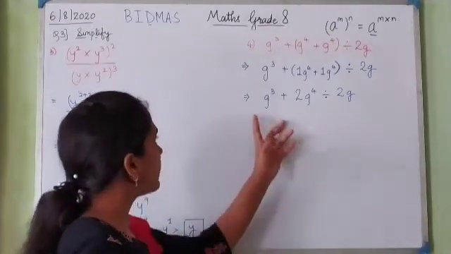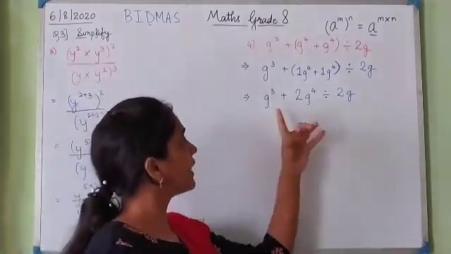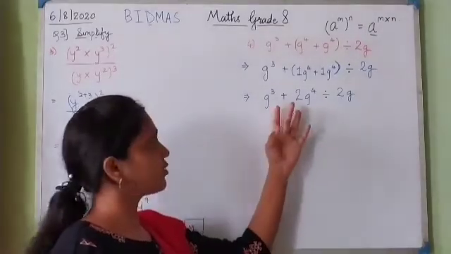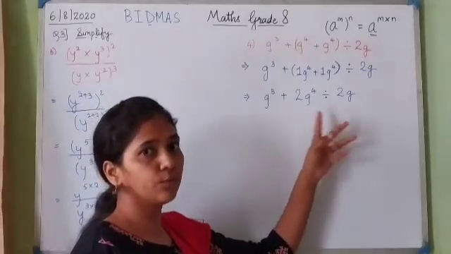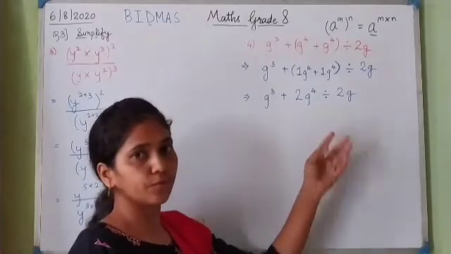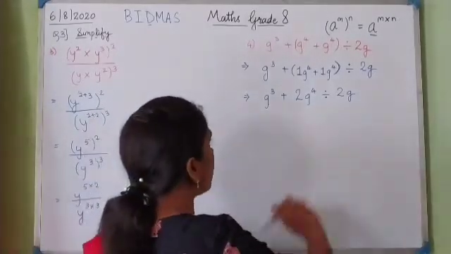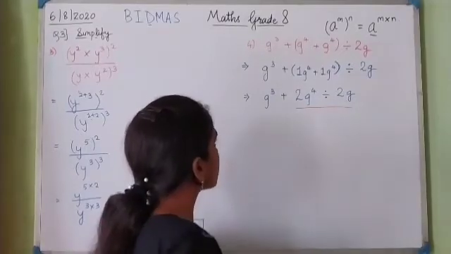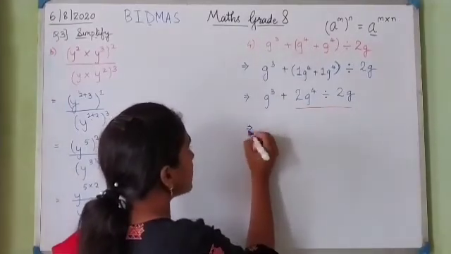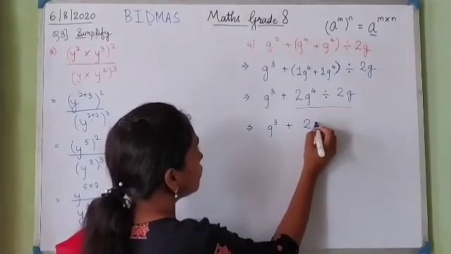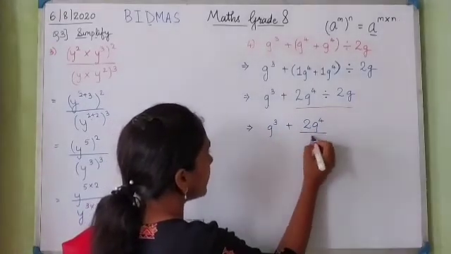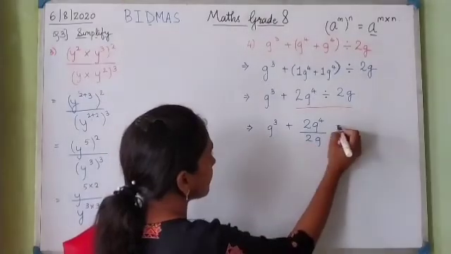Now in this step, you can see that there is one operation of addition and one of division. Which one do I do first? I solve the division first, right? So I will solve this part first, and this part will remain as it is. So this will remain g raised to 3 plus 2g raised to 4 divided by 2g.